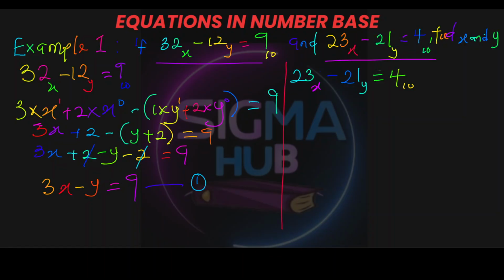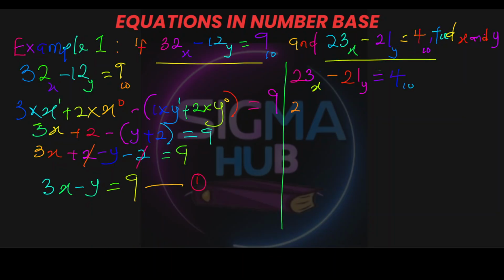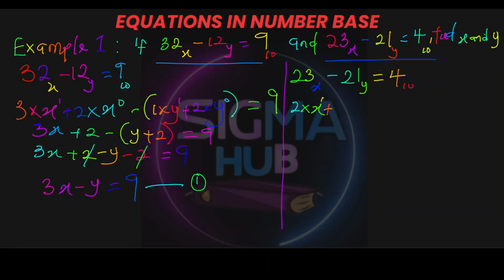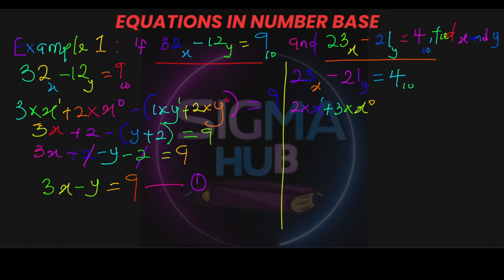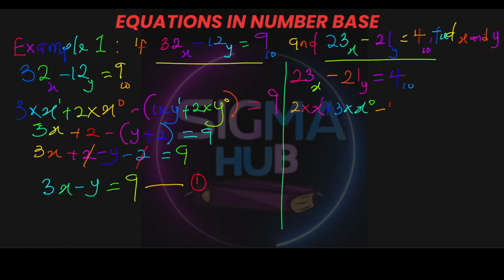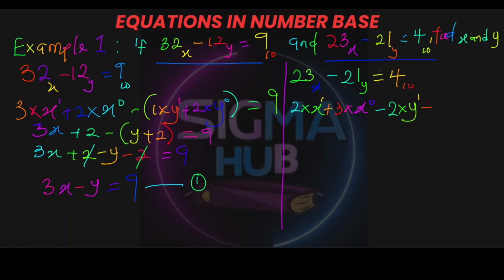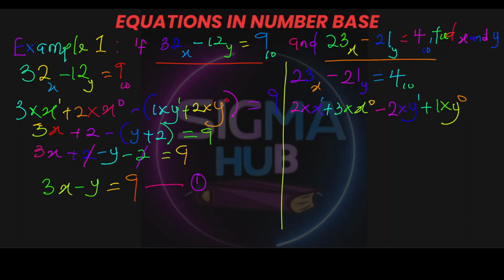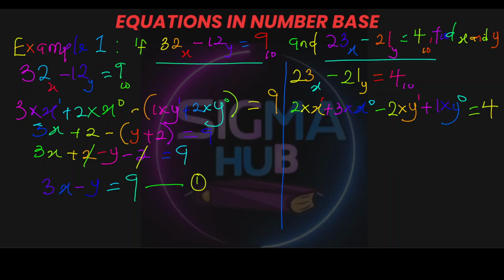So let's convert this to base 10. So we have 2 times x raised to the power 1 plus 3 times x raised to the power of 0 minus 2 times y raised to the power 1 plus 1 times y raised to the power of 0. Everything equal to 4. 4 is already in base 10.